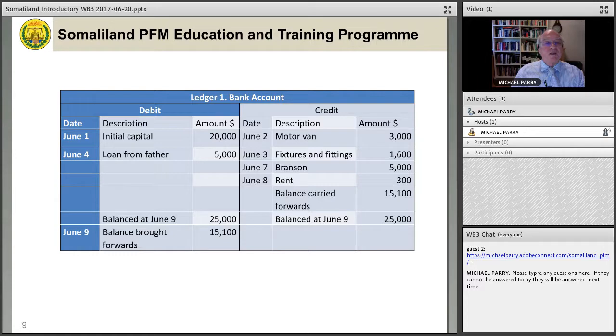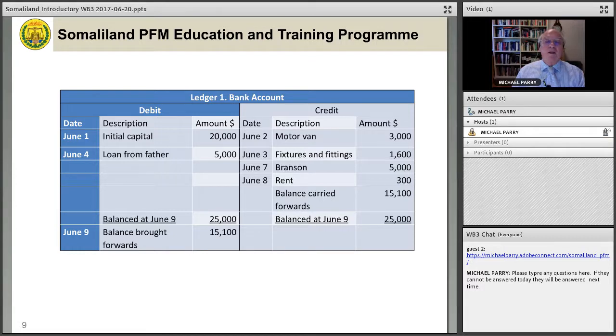Now notice that there are two receipts into the bank accounts, the initial capital and then the loan receipts from Ahmed's father of $20,000 and $5,000, both shown as debits. And there are a number of payments for the motor van, for fixtures and fittings, partial payment of the amount owed to Branson, and the rent paid. And those are all credits.